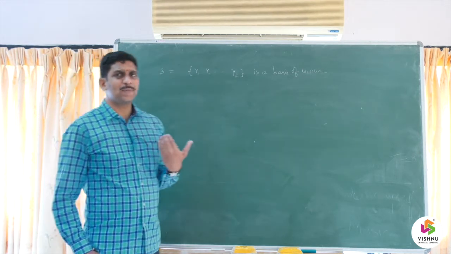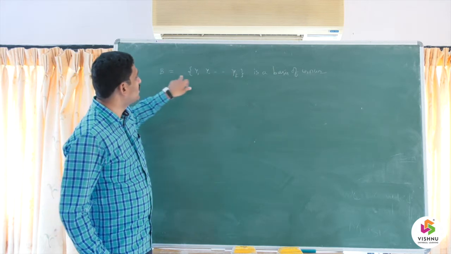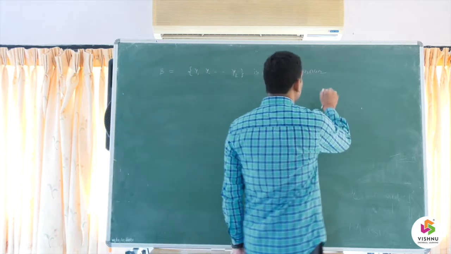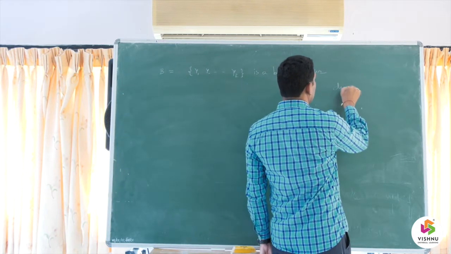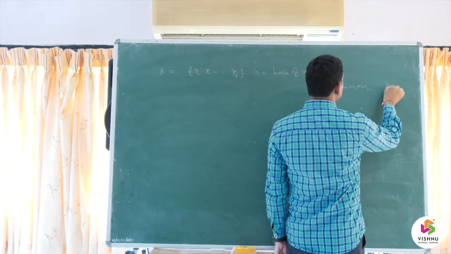Now tell me what is going to be the dimension? Number of elements in the basis. So how many elements are there here? There are k elements. Therefore, dimension of W1 intersection W2 is equal to k.